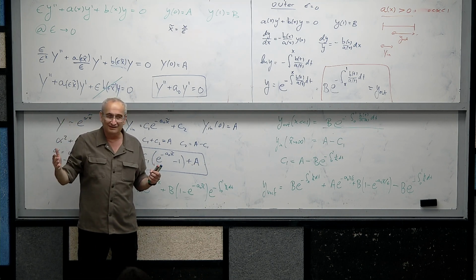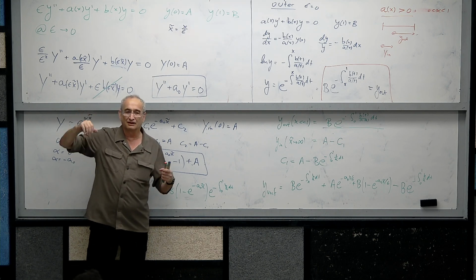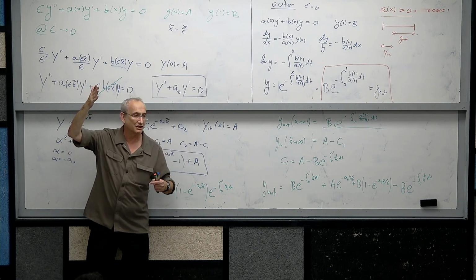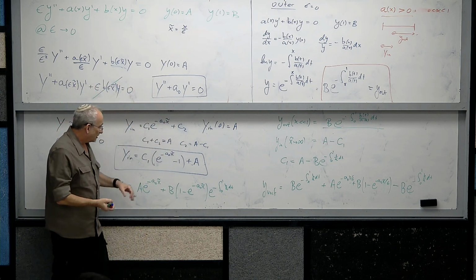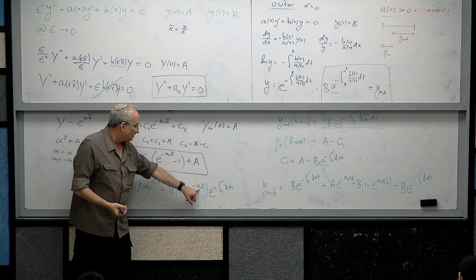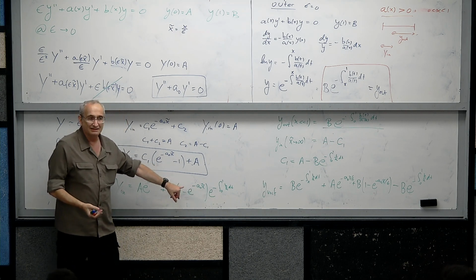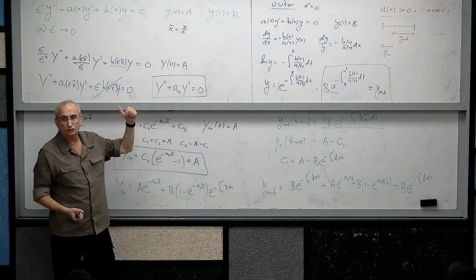We cannot allow one of the solutions to diverge in the matching region. If both of them diverge, it's not a matching. So because we assume that a is larger than 0, we were able to know in advance that this should be the inner and this should be the outer.